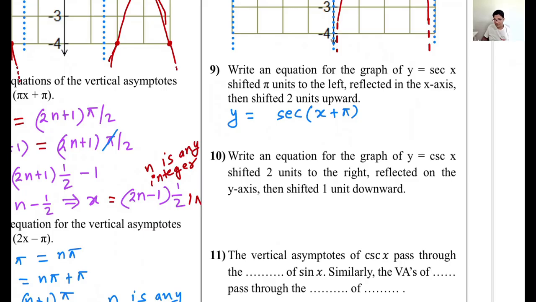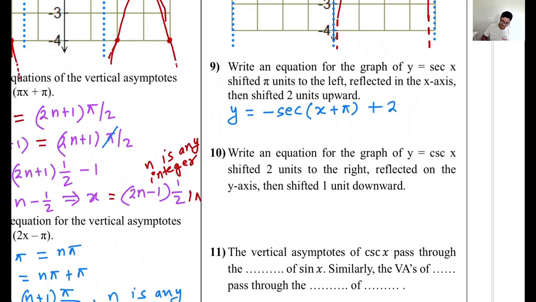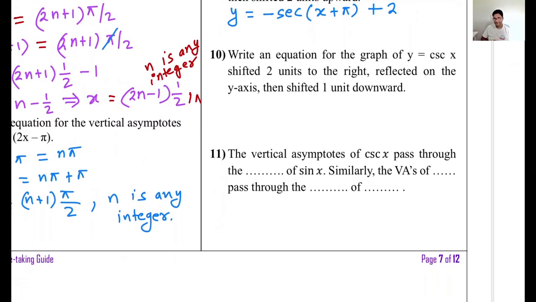And then you reflect on the x-axis, so the positive y values become negative and vice versa. That is obtained by putting a negative sign on the whole function. And then you shift it 2 units upwards, which is simply plus 2 at the end. Next, you can write your answer and check always.